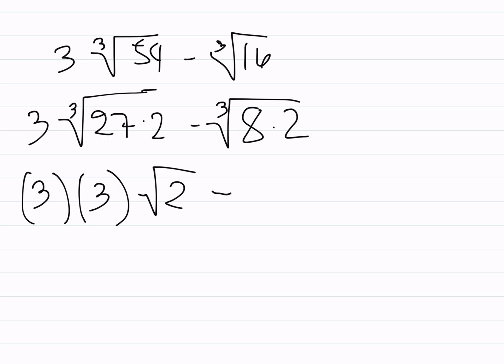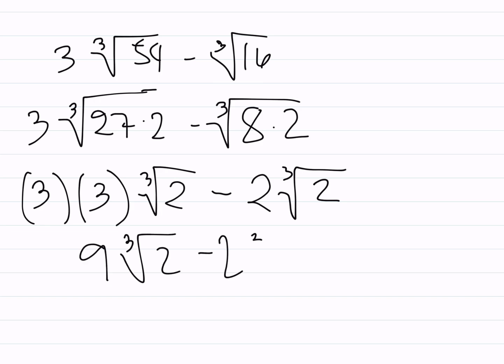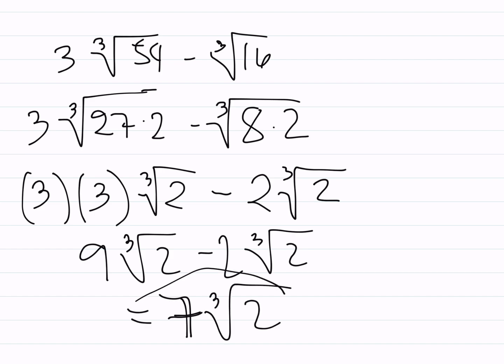Now, what's the cube root of 8? We have 2, then the cube root of 2. Next, we have 9 the cube root of 2 minus 2 the cube root of 2. So 9 minus 2, we have 7, then the cube root of 2. So this is now the final answer.